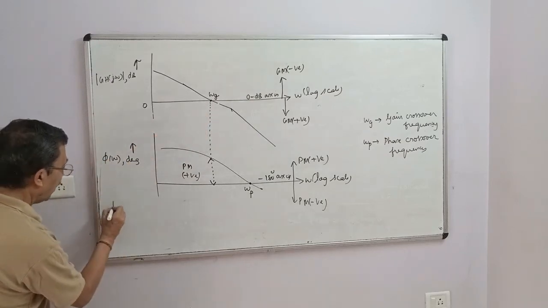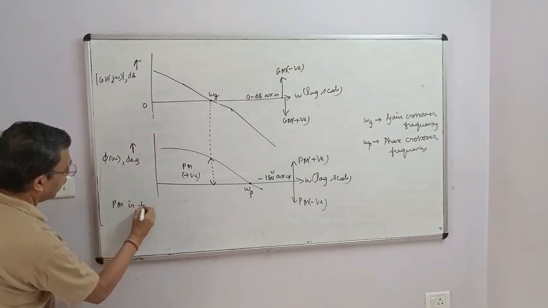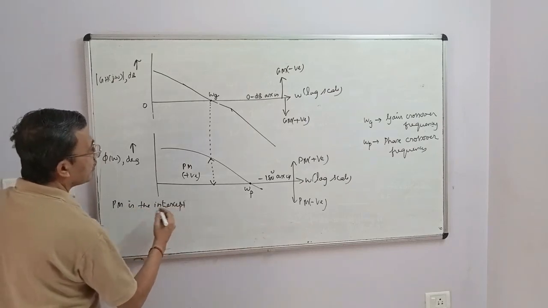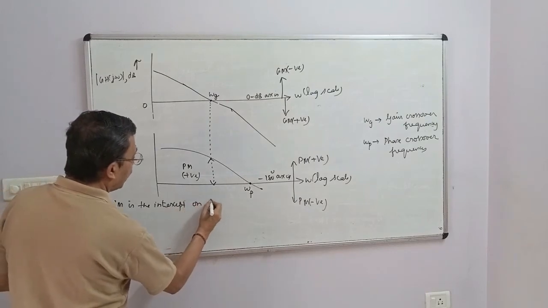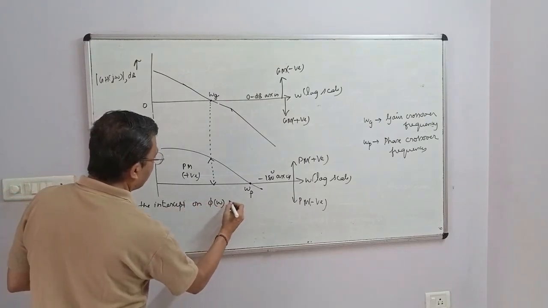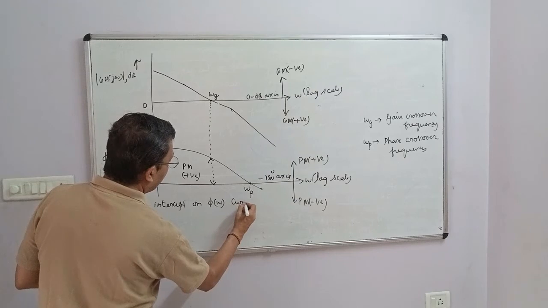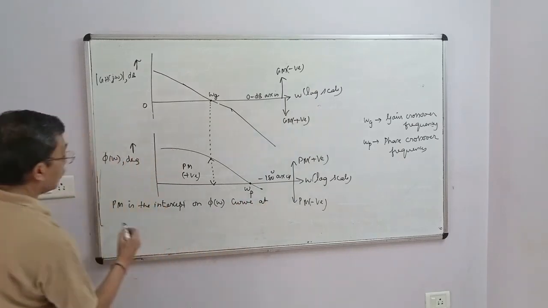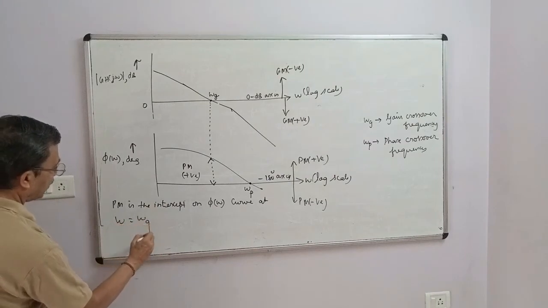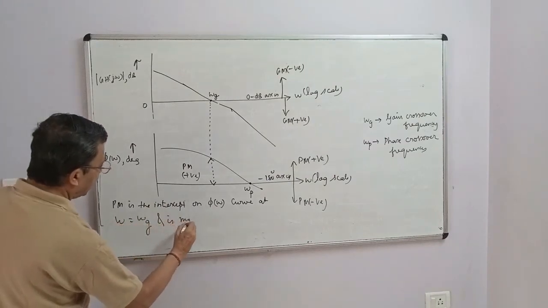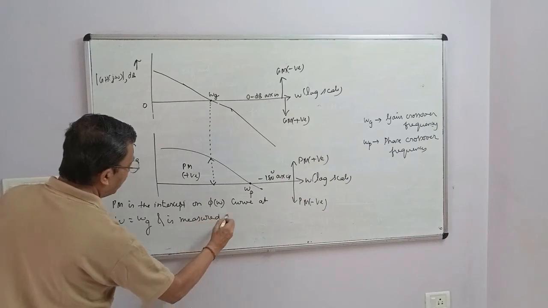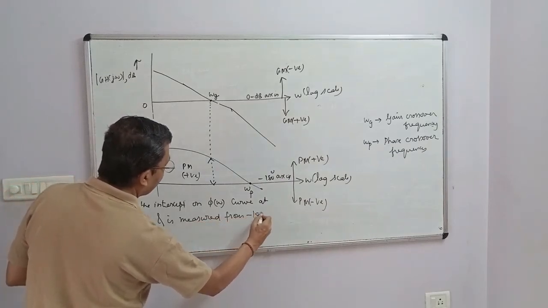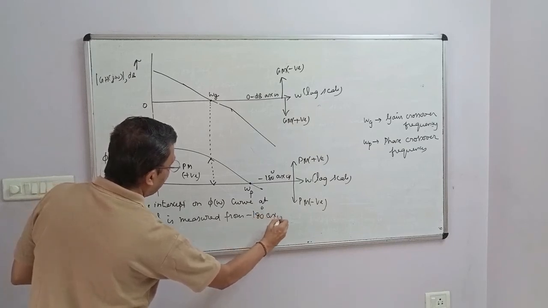See, phase margin is the intercept on phi of omega curve at omega equal to omega g, and is measured from minus 180 degree axis.